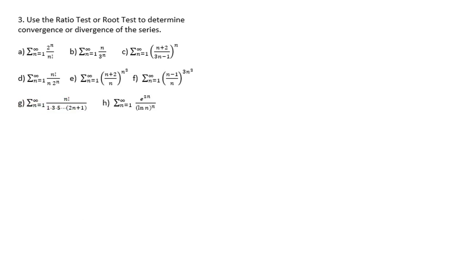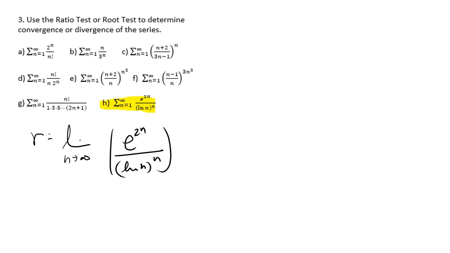Okay, now we have this thing here. They both have powers of n, so I guess we want to use the root test, which is you copy the an and take 1 over nth power.